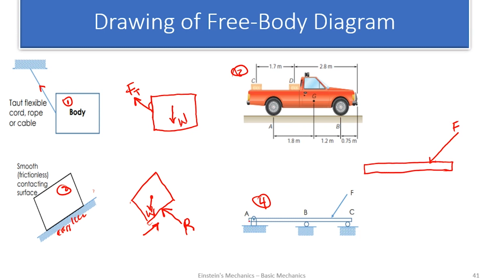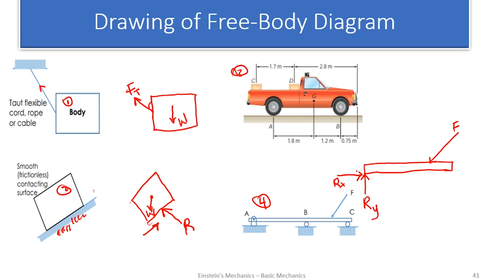Since here is a pin, it's a pin reaction. Anytime you see a pin on a structure, the reaction is going to be two: an upward reaction, a reaction in the y direction, and a horizontal reaction, a reaction in the x.